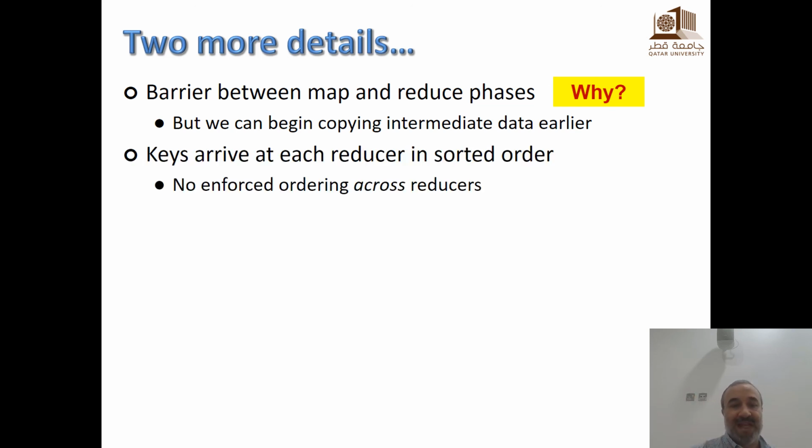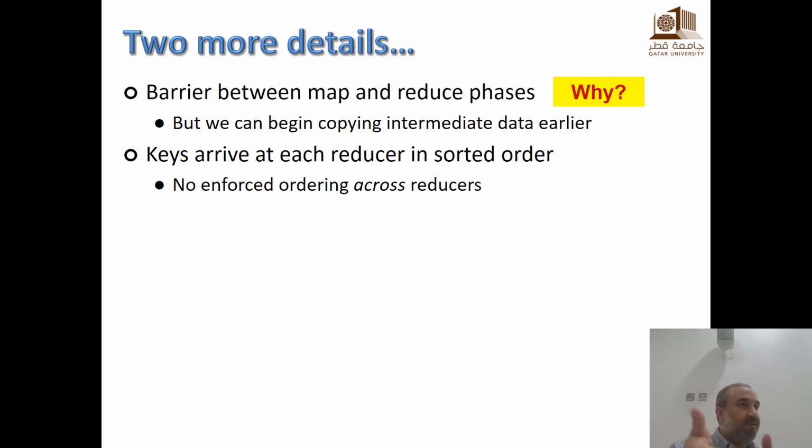That's the first one. The second one: keys arrive at each reducer in sorted order. Now, one mapper can of course process multiple records, right? Same for the reducer. One reducer, one worker, can reduce multiple keys, because the number of intermediate keys can be much more than the number of actual reducers.